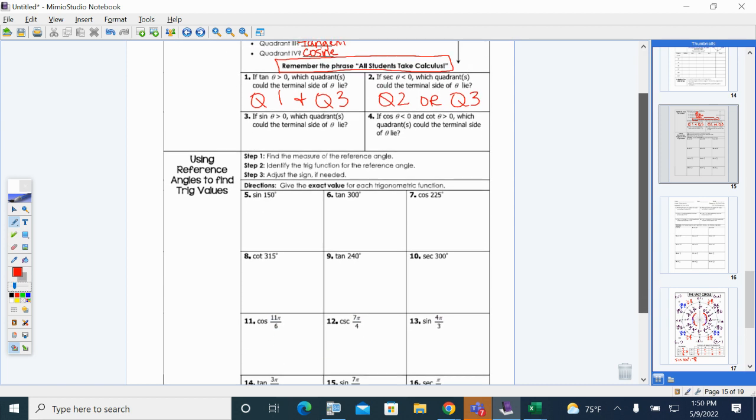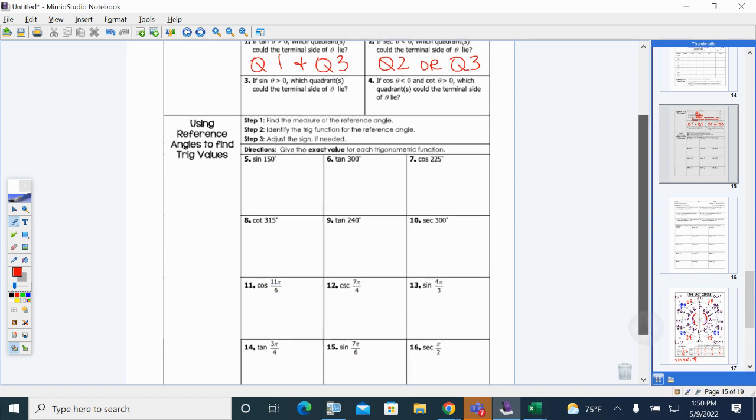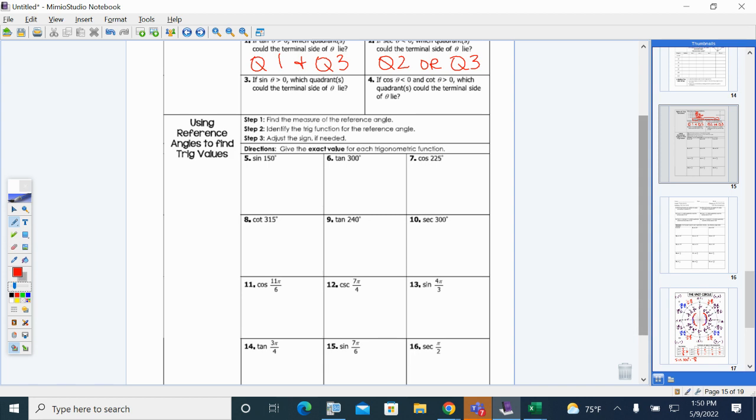All right, what I want to do now is using reference angles to find trig values and thinking about our unit circle and our left-hand trick. So step number 1 says find the measure of the reference angle. Step number 2, identify the trig function for the reference angle, and then adjust the sign if needed.